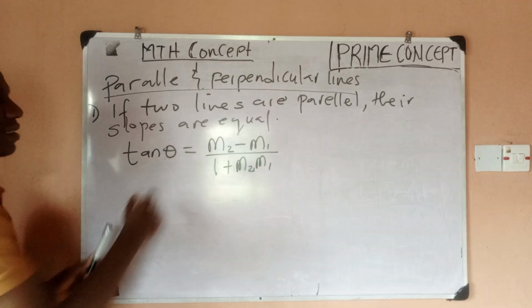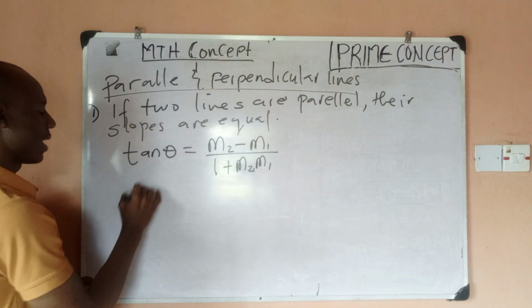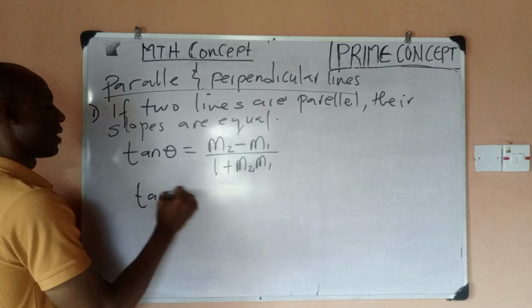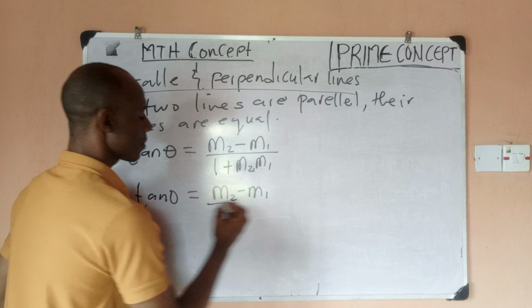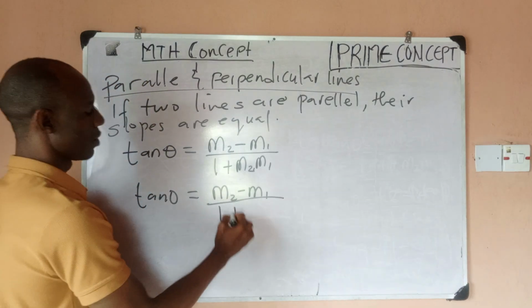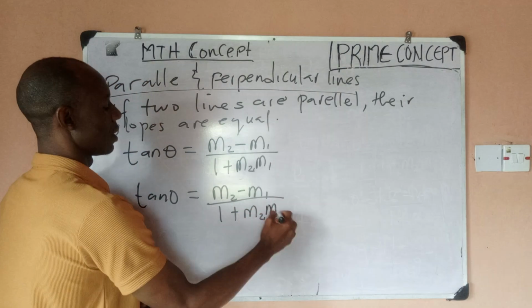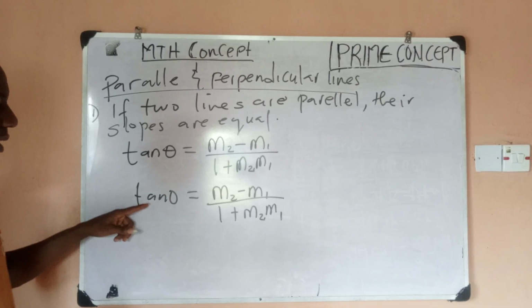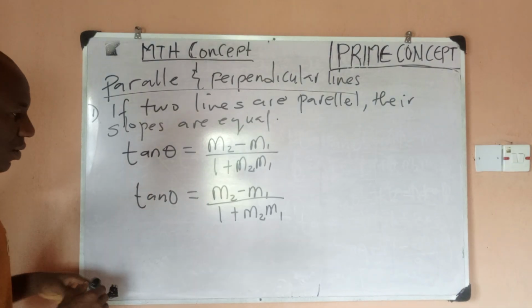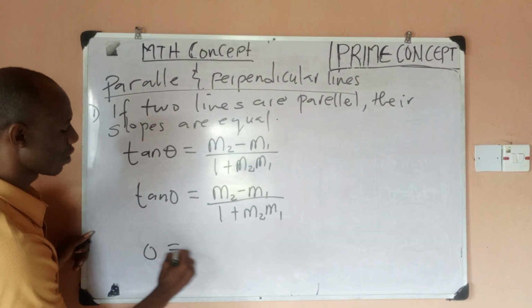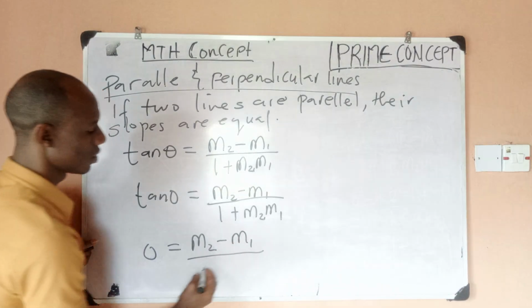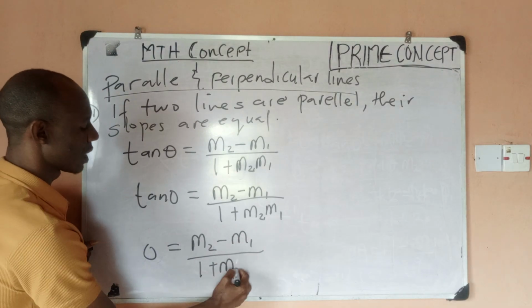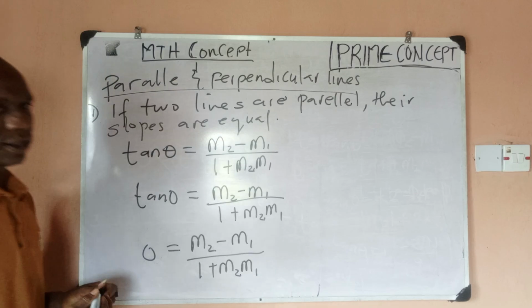So when I place 0 here for theta, I will have tan 0 equals m2 minus m1, all divided by 1 plus m2 m1. You know that tan 0 is actually 0, so I would have 0 equals m2 minus m1, all divided by 1 plus m2 m1, right?